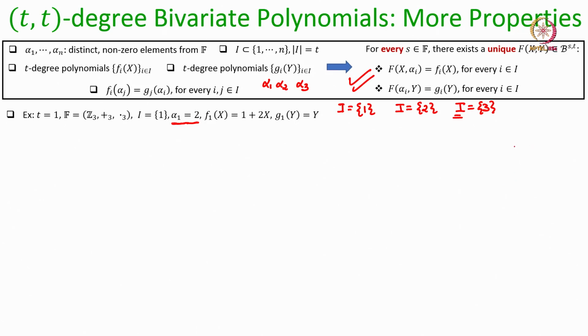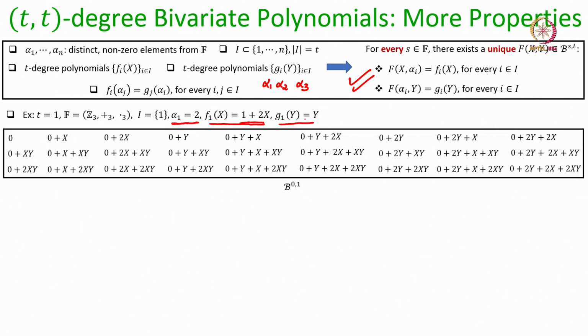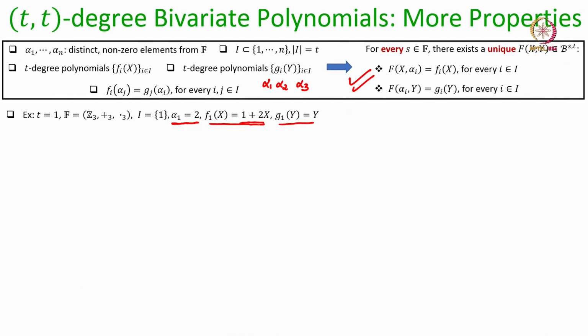So, I am taking the case where I is equal to 1. That means, I am focusing on the first evaluation point, and suppose my first evaluation point is 2. I am given here one x polynomial and one y polynomial, and you can see that they are pairwise consistent, namely f 1 evaluated at alpha 1 is same as g 1 evaluated at alpha 1.